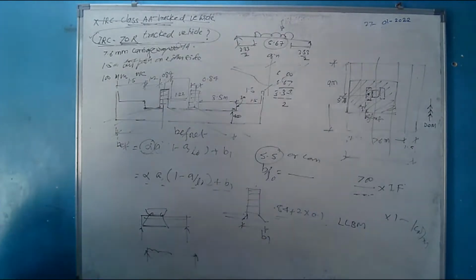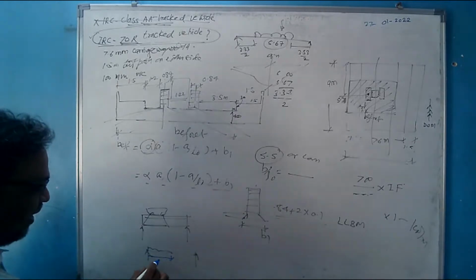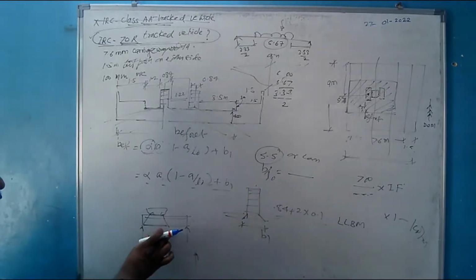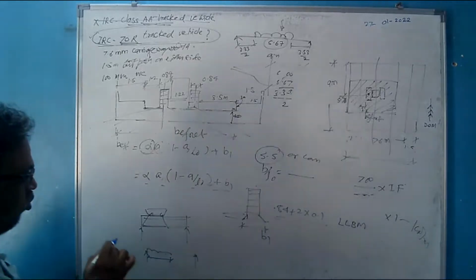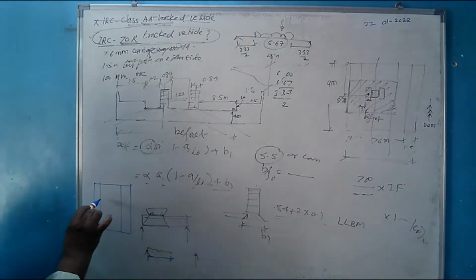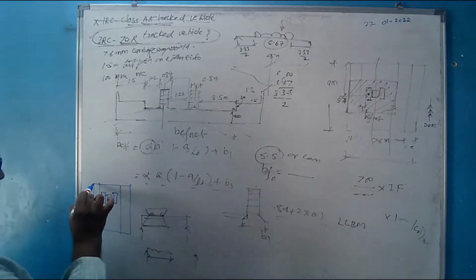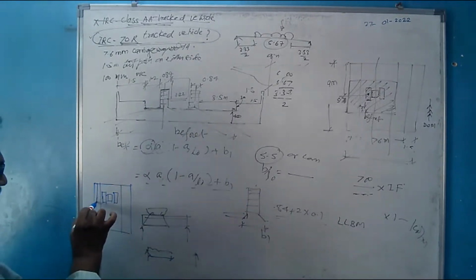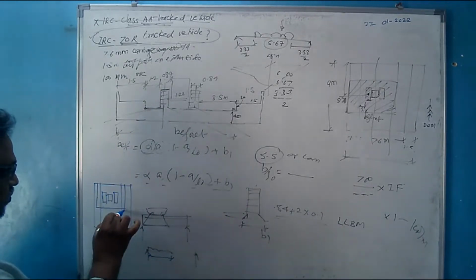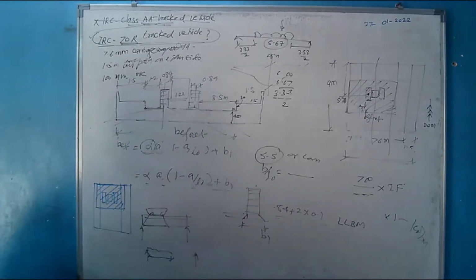If it is the case, then how will this be? If it is like this, you will get this span from here, on which the effect of this load will be. Then we will draw this span like this. Now the vehicle is to be placed close to the support. Then dispersion will be up to here. We will get this value again. The area on which the effect of this load will be.